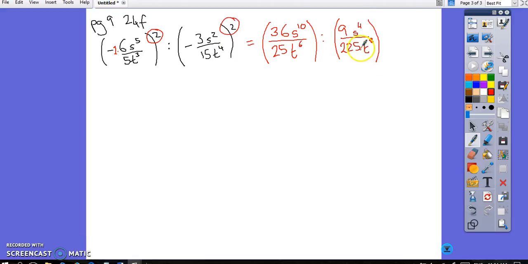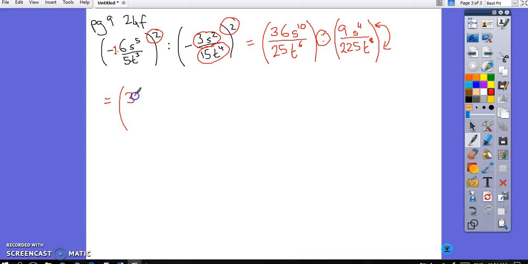And it's worth noting here that when you square fractions, you square both the numerator and the denominator, both parts. A half squared, for example, is a quarter, 1 squared over 2 squared. Now what I'd like to sort out is this division sign, and hopefully you remember that if you divide a fraction by another fraction, then you can just turn this second fraction upside down, and it can change to multiplication.